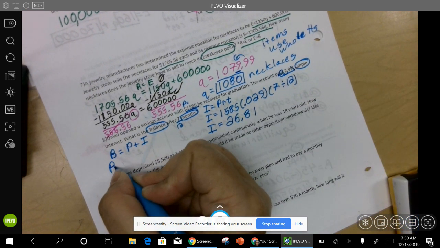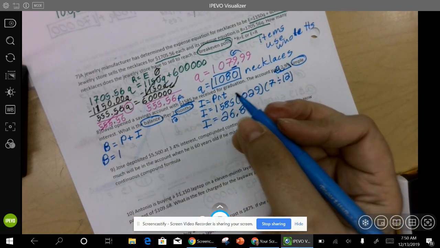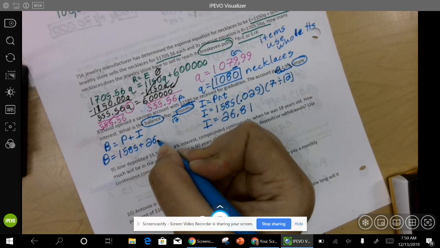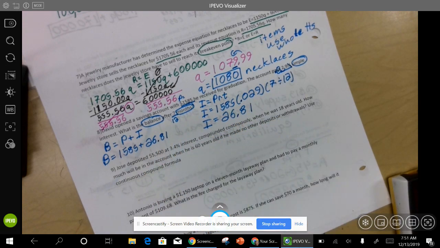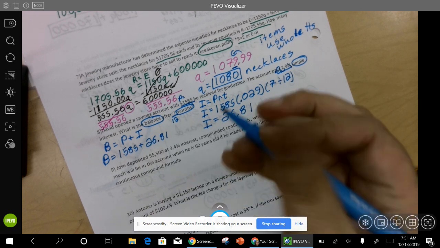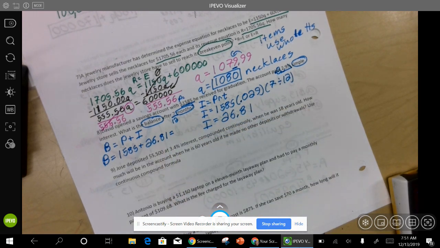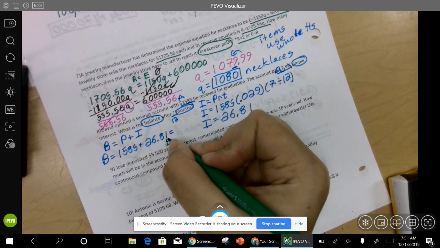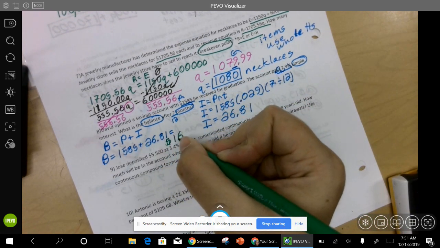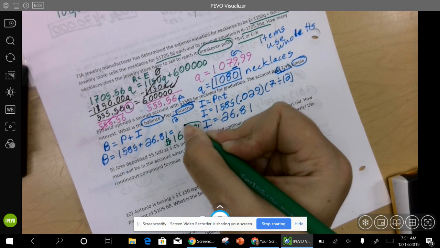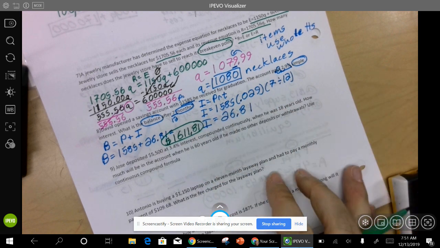So I'm now going to go ahead and add $1,585 plus $26.81. Okay, and I got $1,611.81. That would be his account balance.